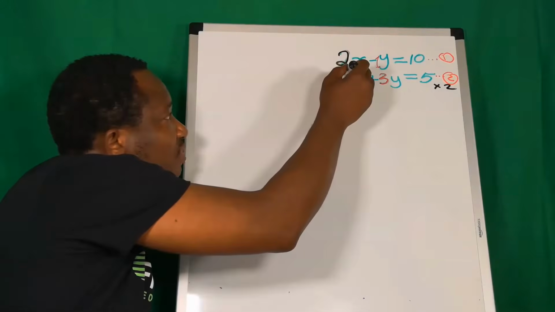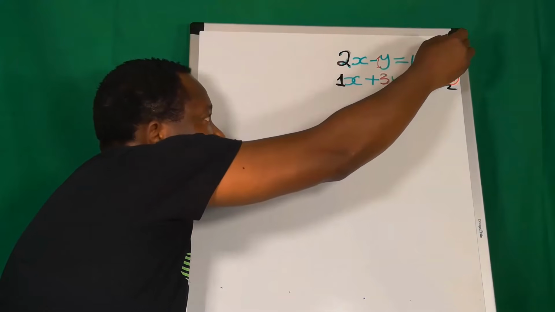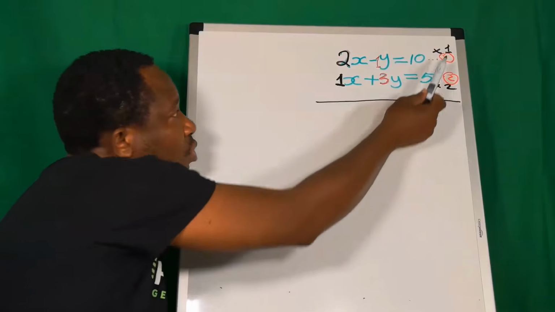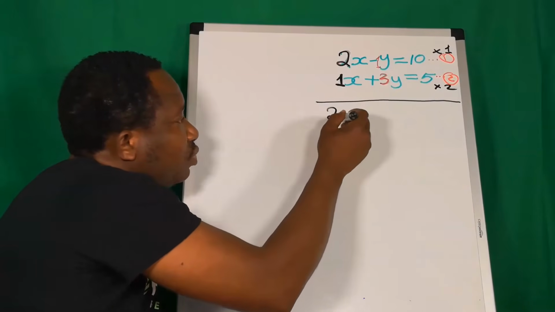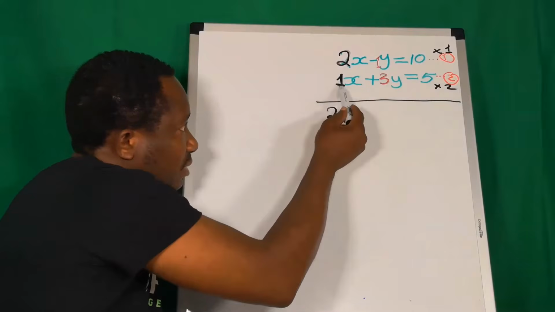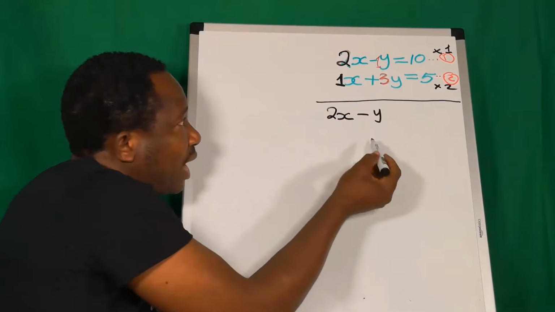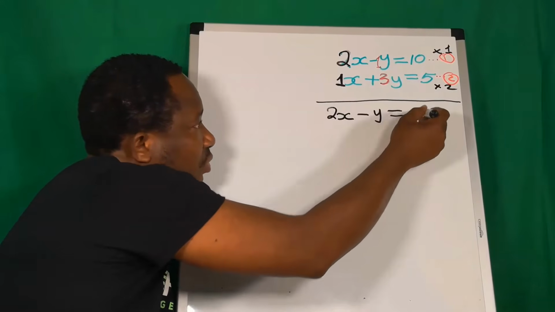The coefficient of x here is 1, so I will multiply everything in equation 1 by 1. So with this now, we have 1 times 2 will give me 2x. This 1 multiplied by 1 will give you 1y. And this 1 multiplied by this will give you 10.